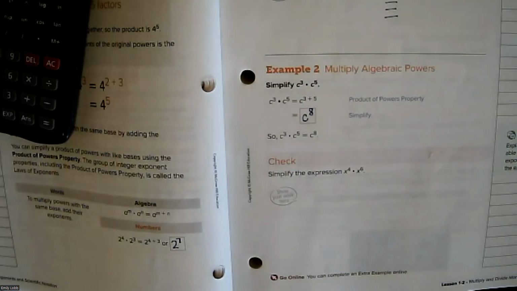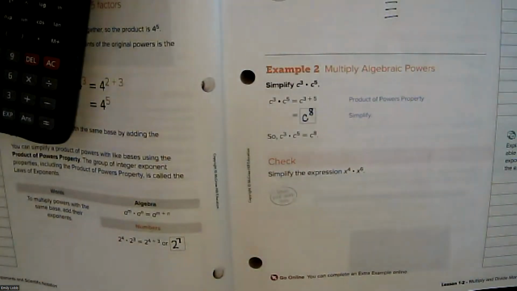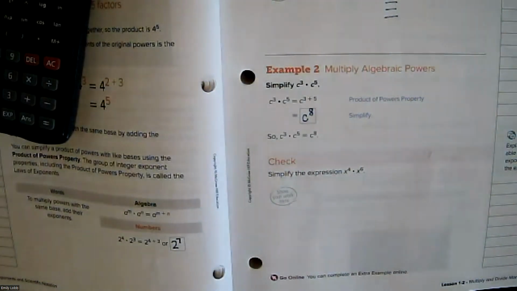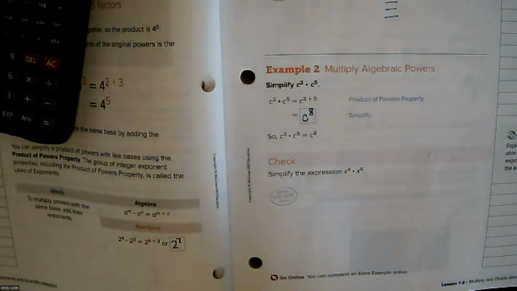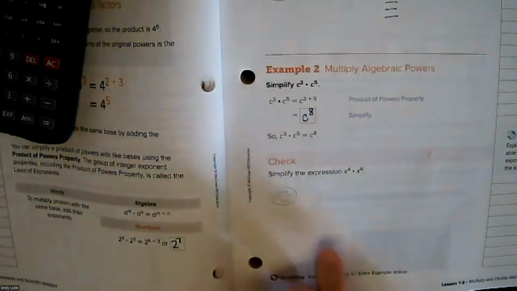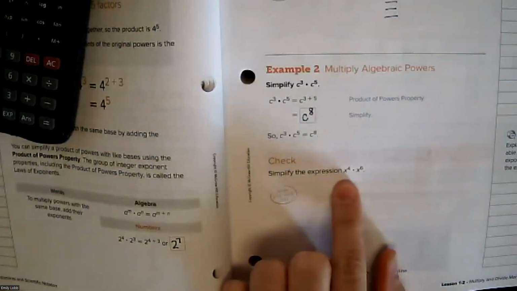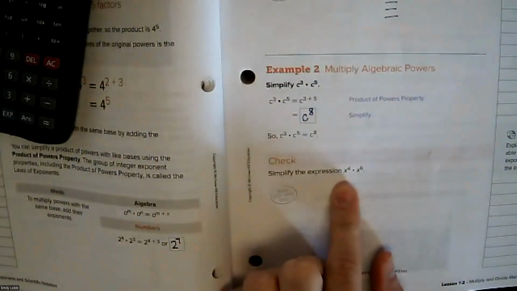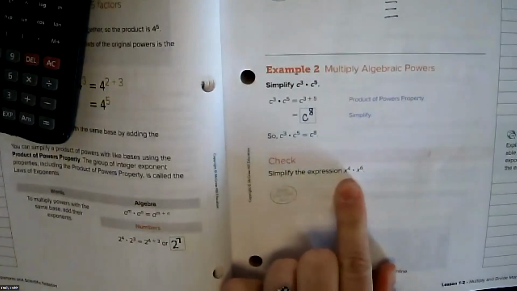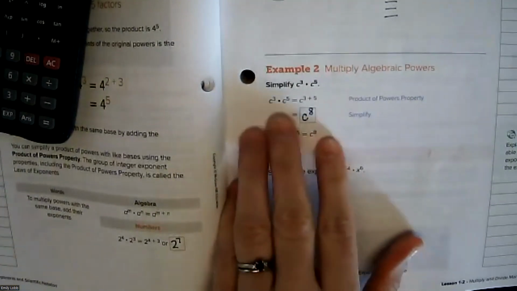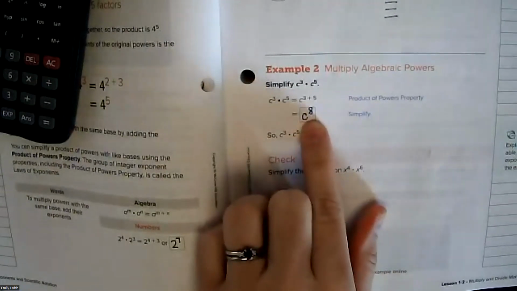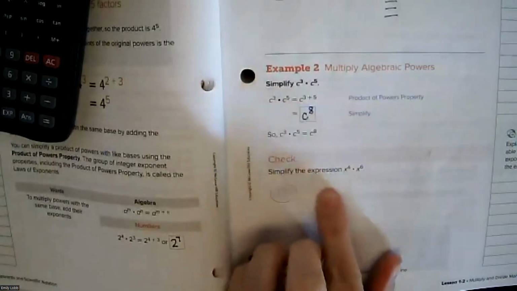X to what power? But this is not 1. It's x. No, it doesn't tell us what x is. Guys, we don't know what x or c is here. We can only simplify to this point.